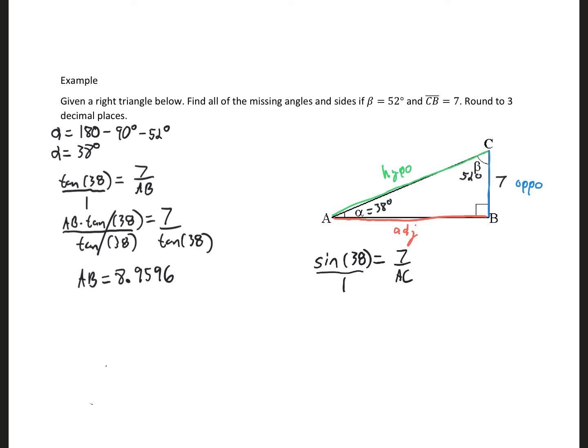Putting that over 1 and cross multiplying, AC times sine of 38 equals 7. AC equals 7 over sine of 38 then. That'll come out to 11.3699, which is what we got going the other direction as well.